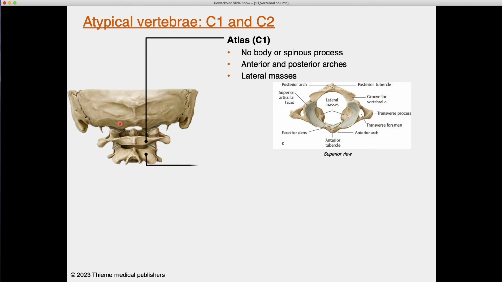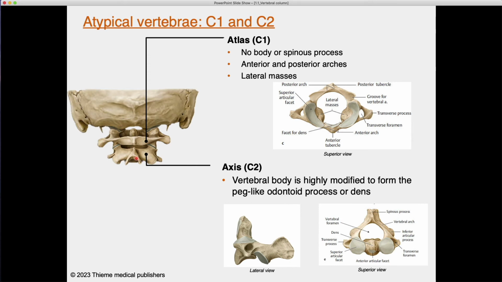Let's look at the axis now, which is cervical vertebrae number 2. And the axis is commonly known because it has this tooth-like projection known as the odontoid process. Odontoid coming from the word tooth-like. So some textbooks might call this the dens of the axis, others the odontoid process.